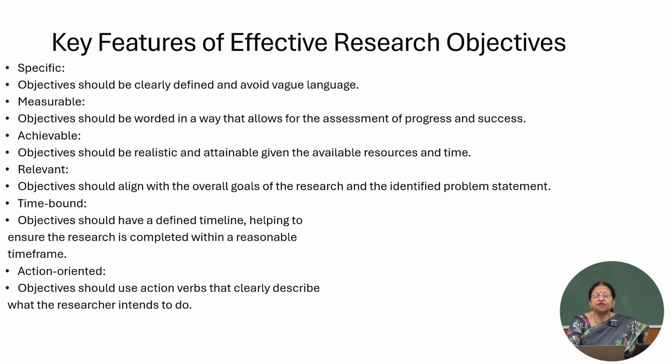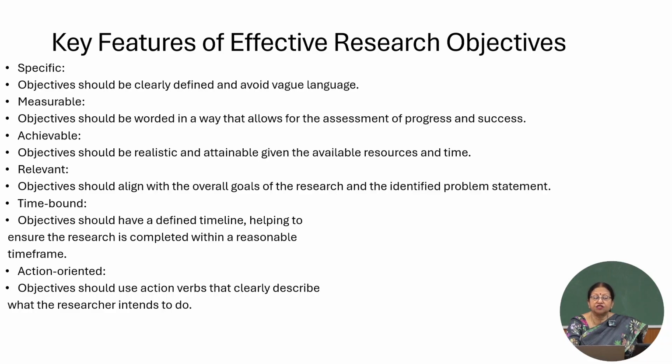Key features of effective research objectives is SMART, as what we have seen. Specific, which means objectives should be clearly defined and avoid vague language. Measurable, objectives should be worded in a way that allows for the assessment of progress and success.